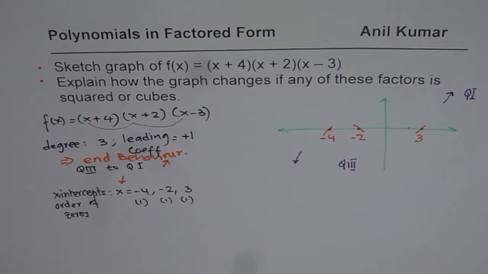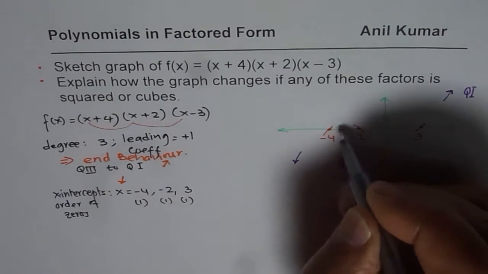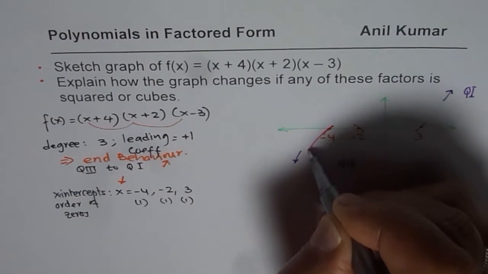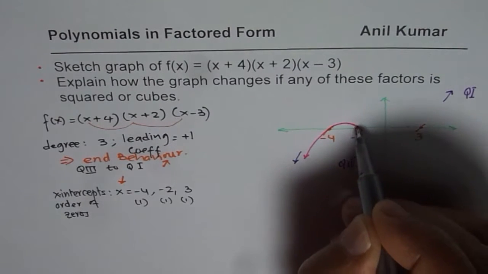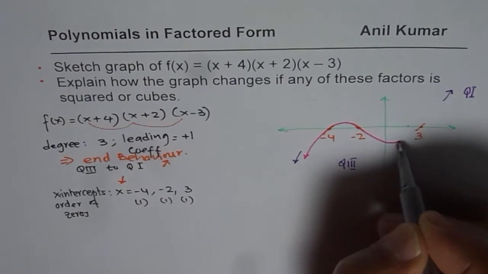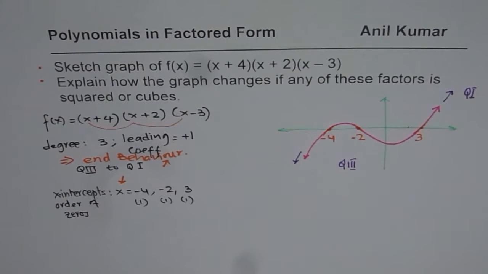Polynomial is always a smooth graph. So we connect this point, then connect that point and 0, and then go up. Done. So we have a cubic function going straight through the 3 x-intercepts, crossing like a line. That is how we do it.